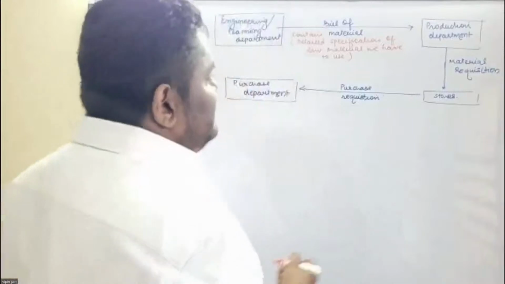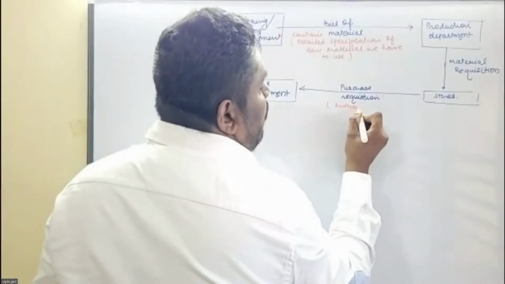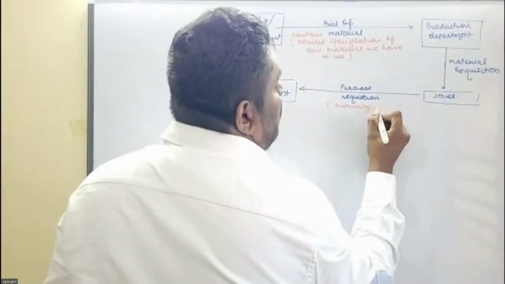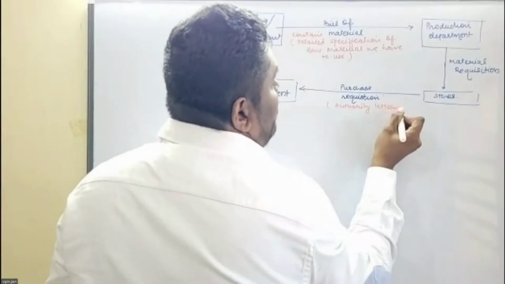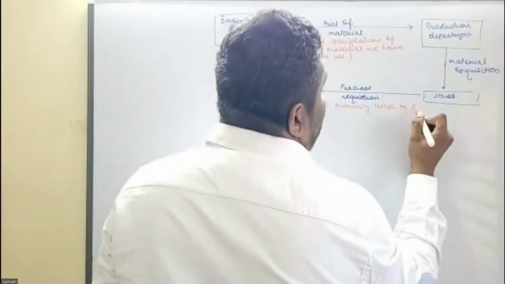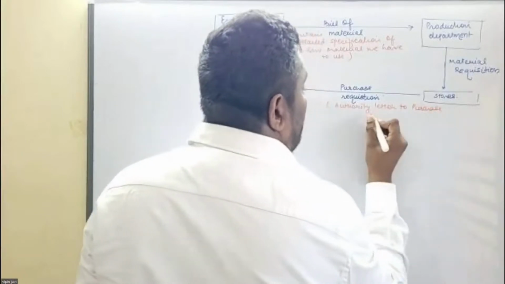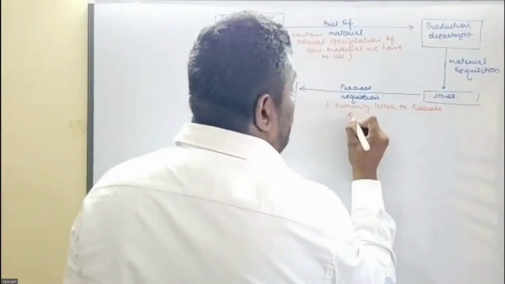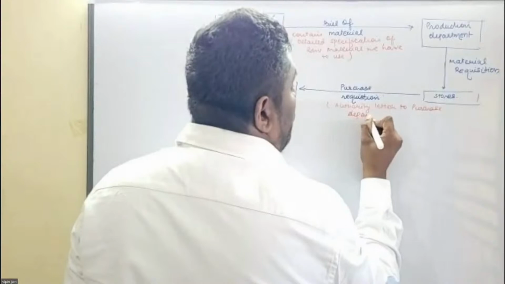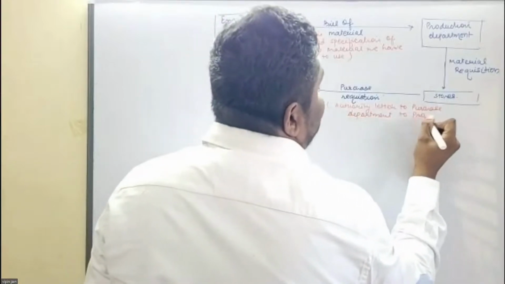So this purchase requisition is more or less like an authority letter to the purchase department to procure material from outside supplier.